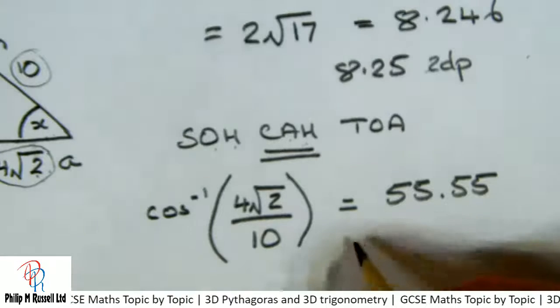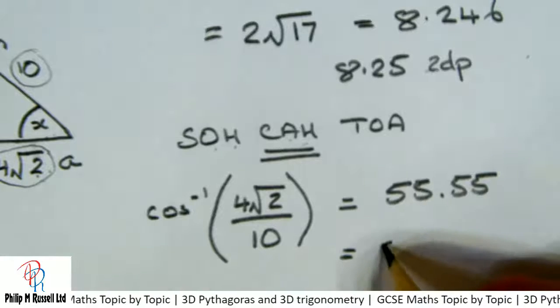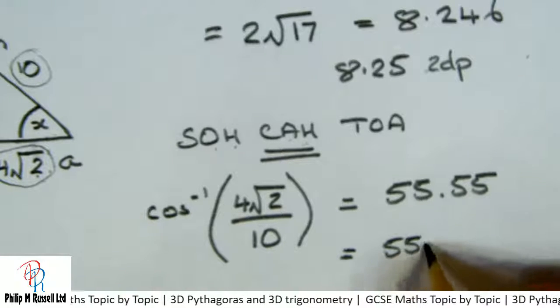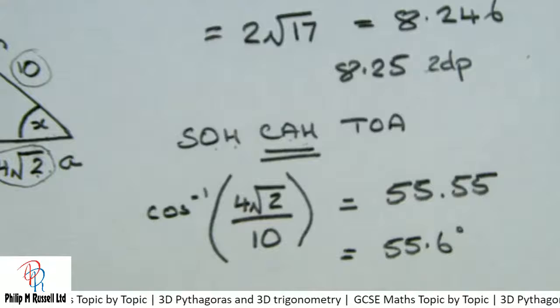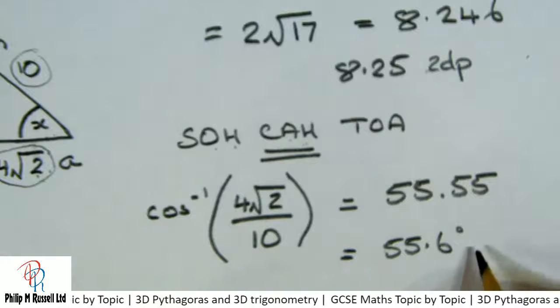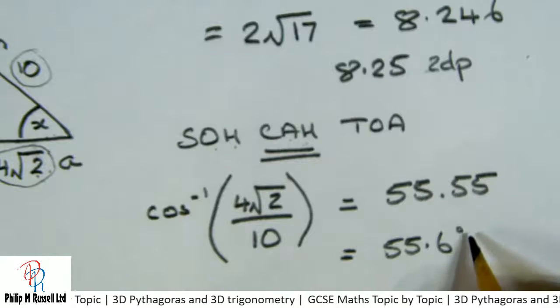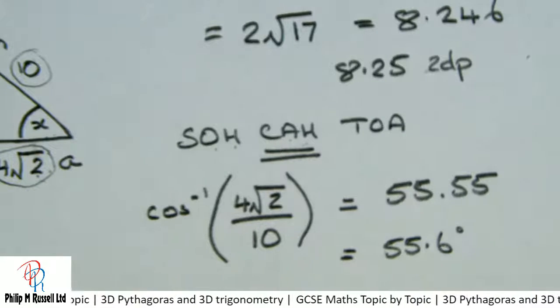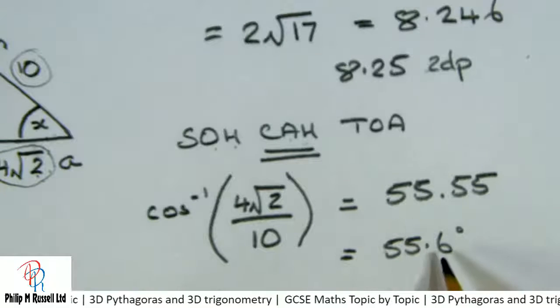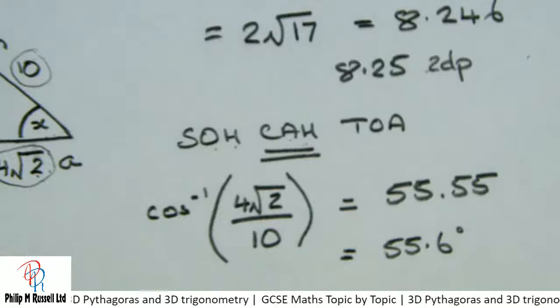And we will call that 55.6 degrees. I've only done it to 1 decimal place. I generally challenge most students to measure an angle within a degree, so getting it to a degree in 1 decimal place is perfectly good enough here.